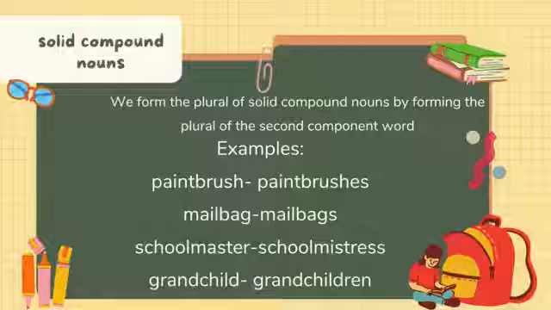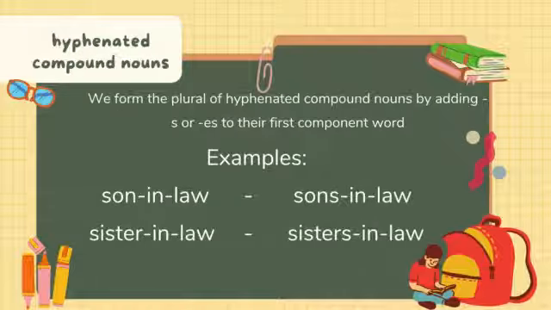Instead, this is another example of a word that you need to change in spelling in order to have its plural form. Okay, also we have grandchild, then the plural is grandchildren. Okay, so we change or add s or es to the second component of the word.